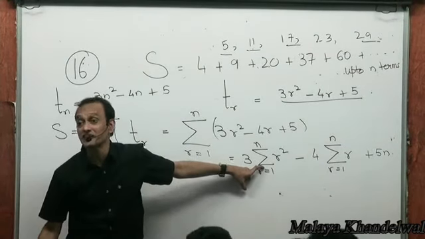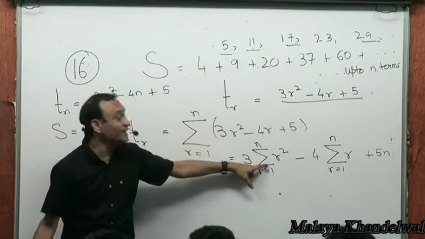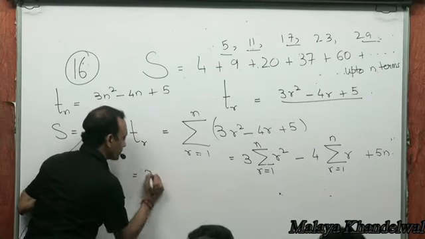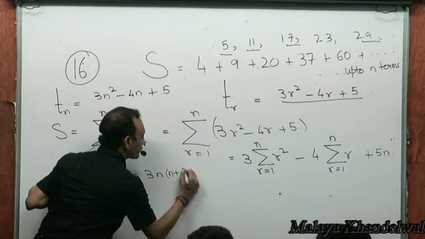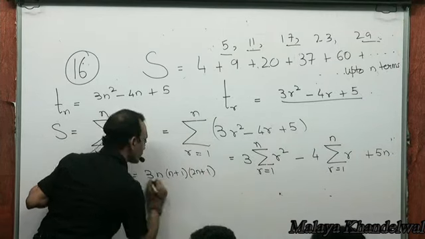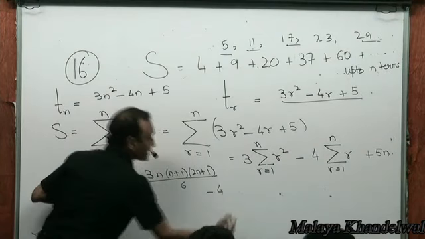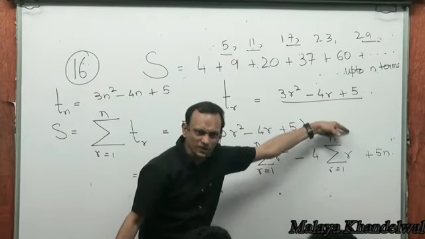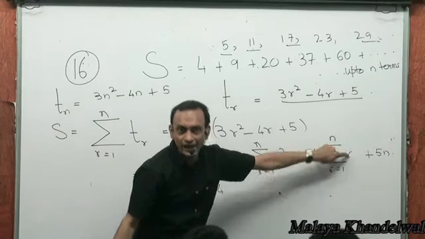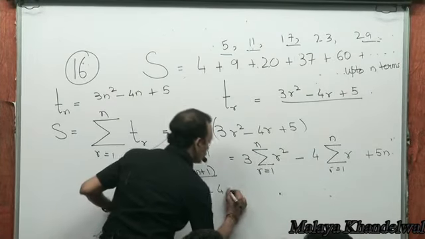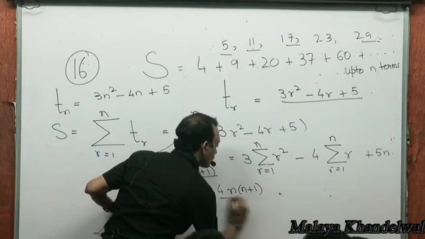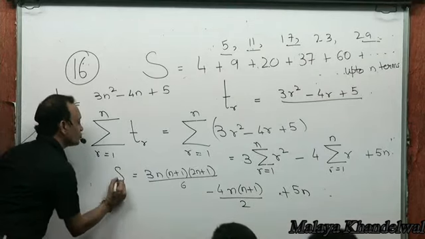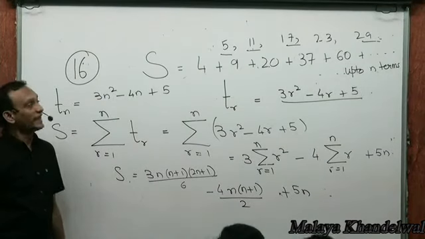The sum of the squares of the first n natural numbers, which is n into n plus 1 into 2n plus 1 by 6, minus 4 times the sum of the first n natural numbers, 1 plus 2 plus 3 up to n, which is n into n plus 1 by 2, plus 5n. Now you can simplify this. That will give you the required sum up to n terms.